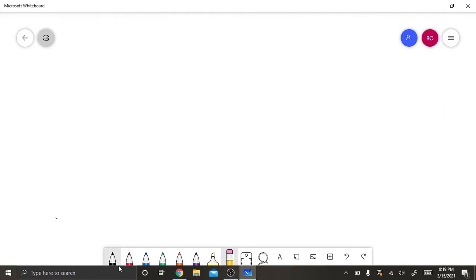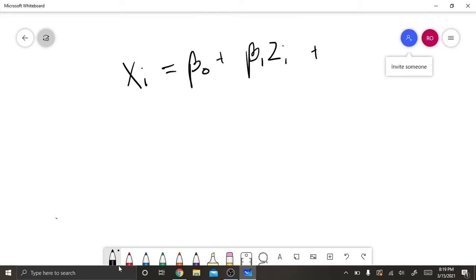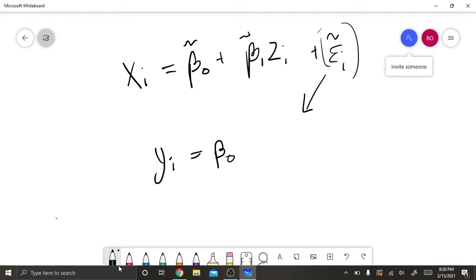The first thing you're doing is you're regressing X on Z and getting some residuals, and then you're regressing Y on those residuals.